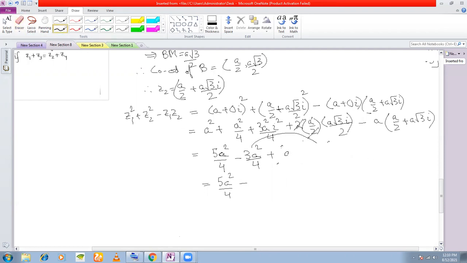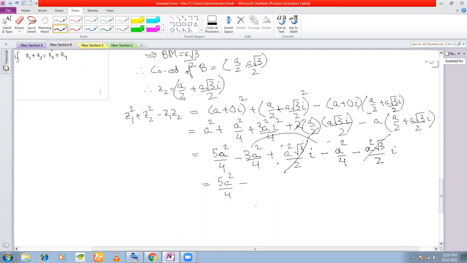So you get here square root 3 divided by 2 i minus a square by 4. And this is also a root 3 by 2. So this is minus a square root 3 by 2 i.